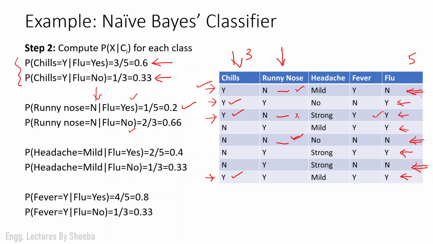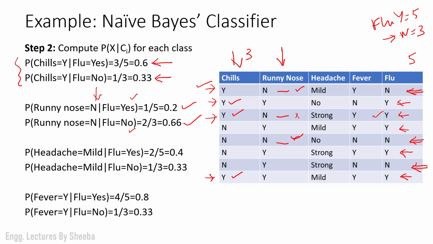Flu yes tuples are 5, no tuples are 3. So out of that, how many are there with runny nose no and flu no? It is 2. So 2 divided by 3 because it is for no. So 2 divided by 3, you got it as 0.66.